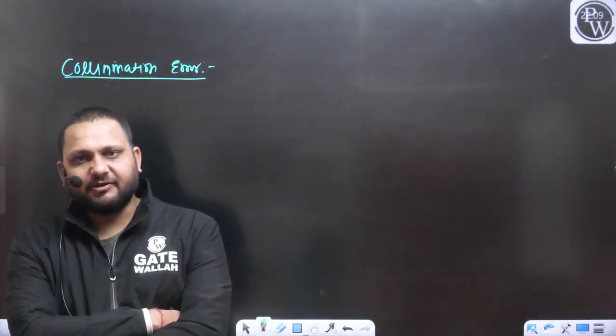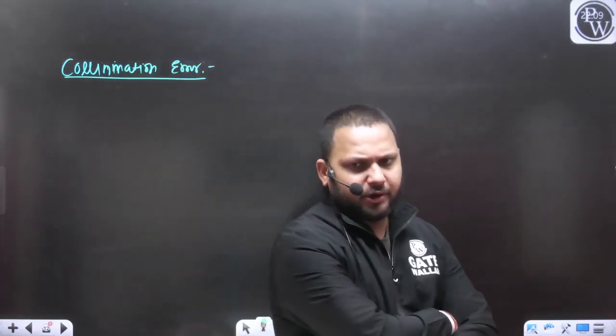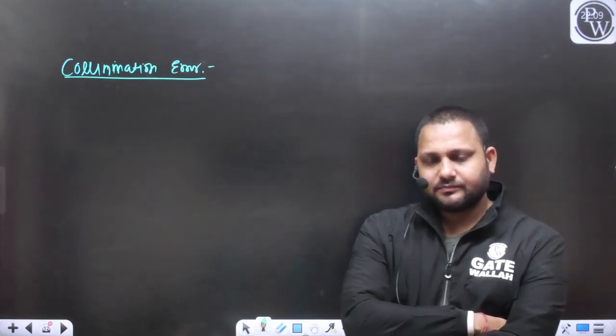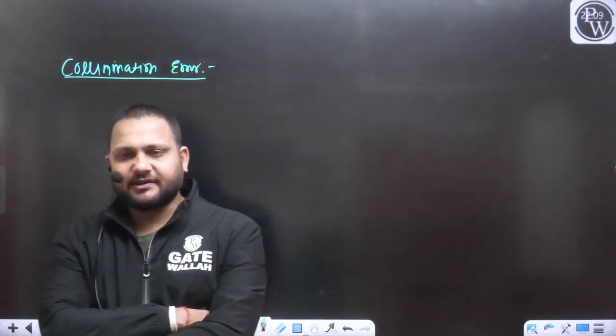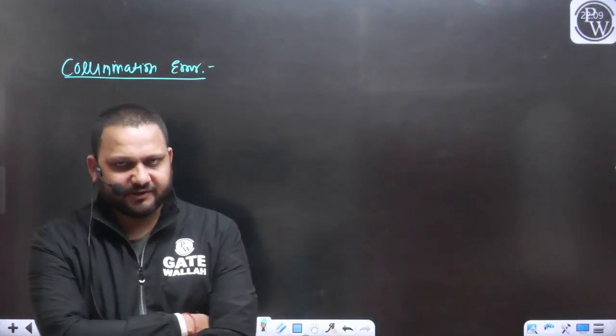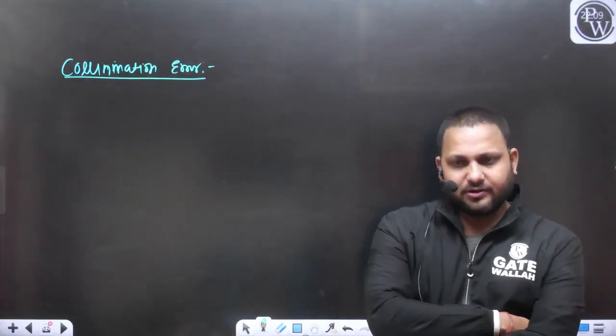So when we level the instrument about both axes, x-axis and y-axis, with the help of the leveling screw or foot screw. Yesterday we covered this point: what are the various temporary adjustments required in the case of a level, and I hope you all remember.